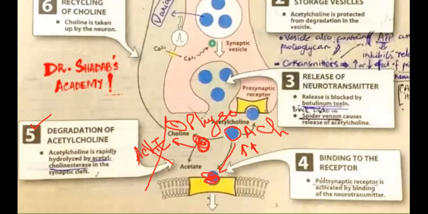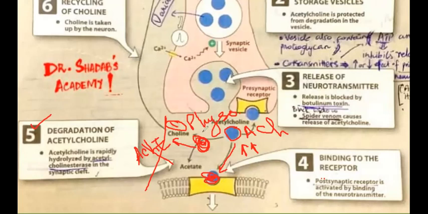Okay, so this is how all the indirect cholinergic agonists work. They inhibit the activity of acetylcholine esterase and allow acetylcholine to remain longer in the synaptic cleft and remain longer bound to this post-synaptic membrane receptor. Okay, they do not directly bind to the receptor.